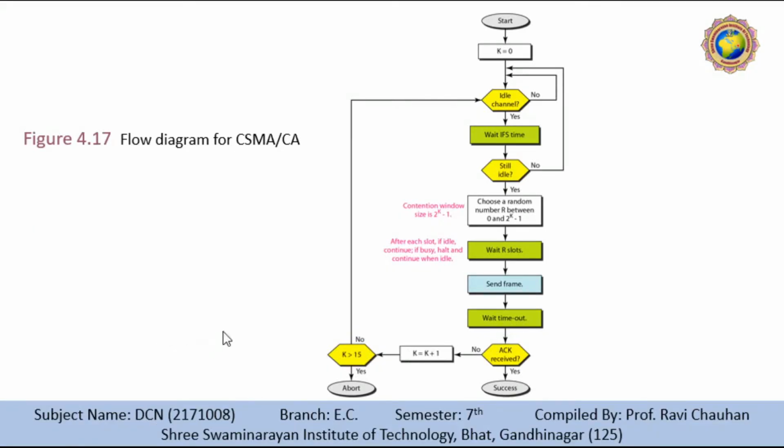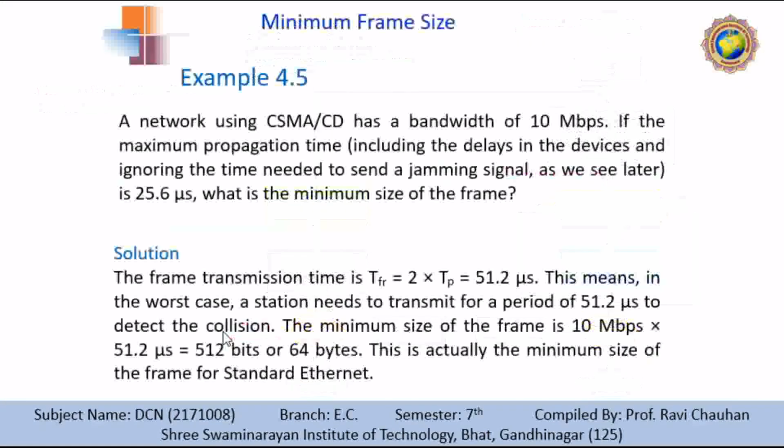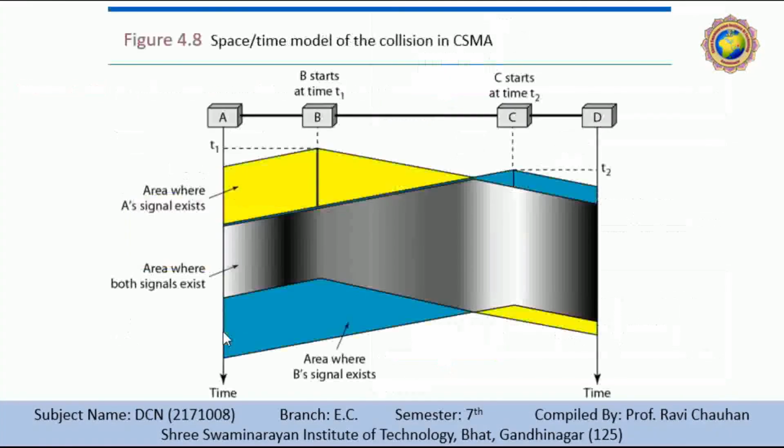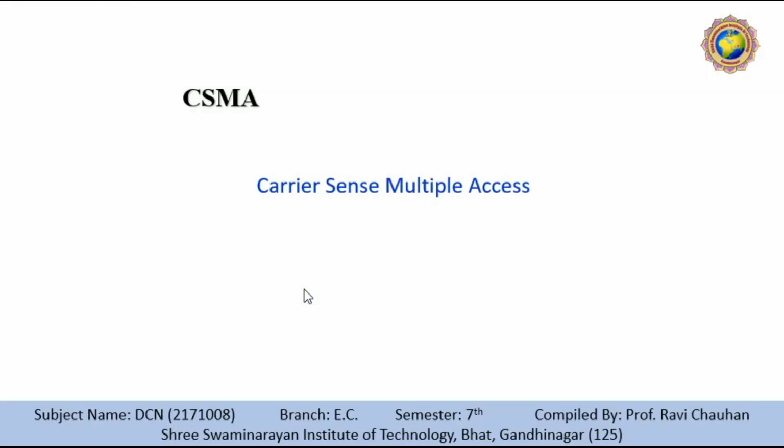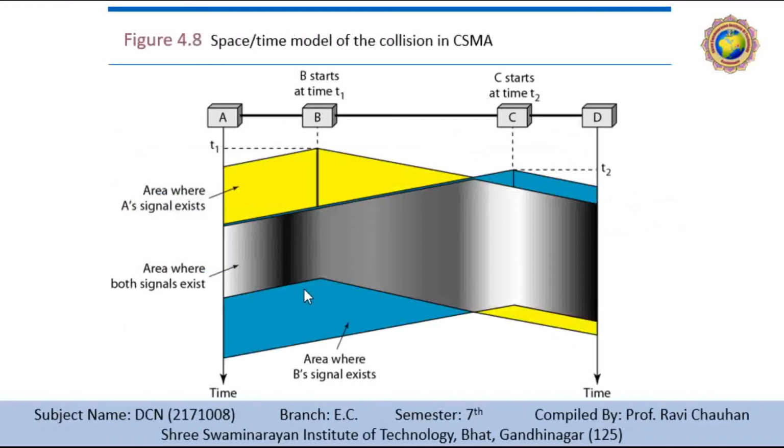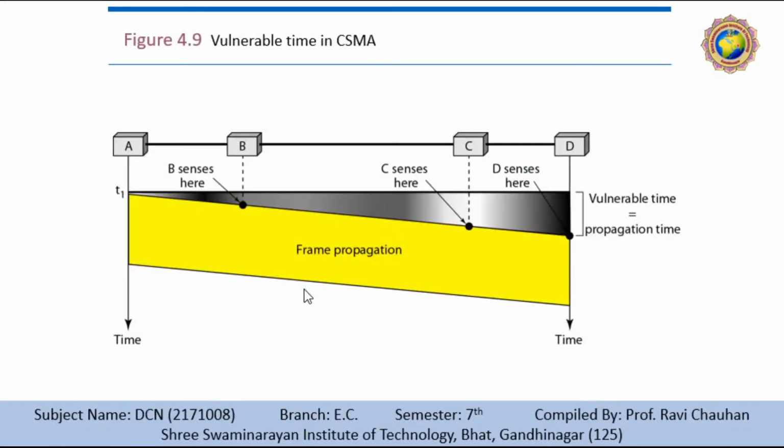So we conclude our session over here. Let's revise our discussion. First, we have discussed CSMA, carrier sense multiple access, with propagation time equal to vulnerable time.